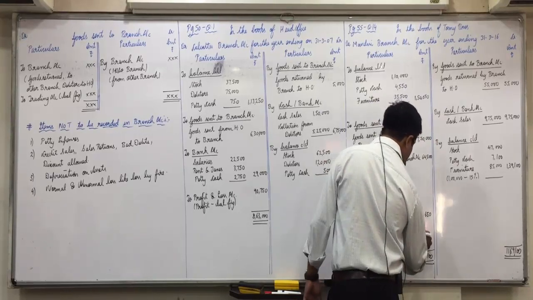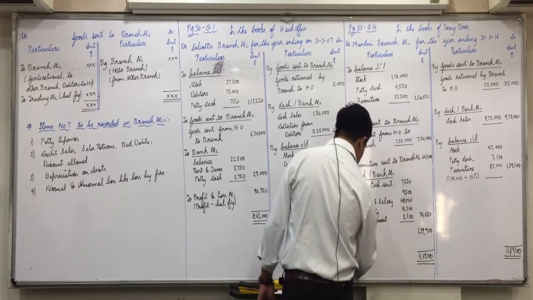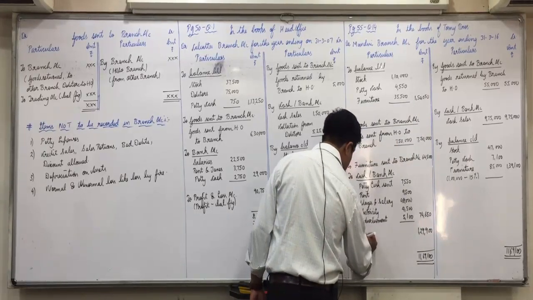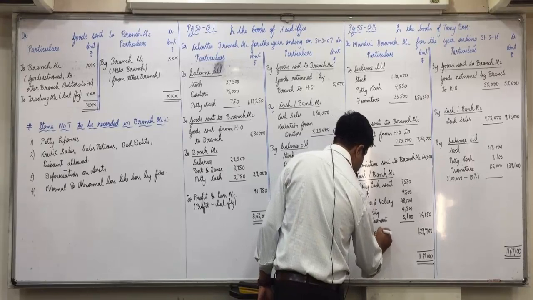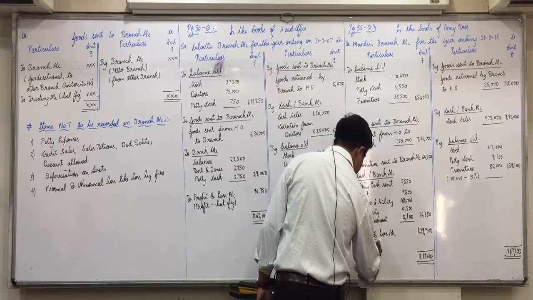How much remains? 1,299,000 to profit and loss account. In bracket, profit and balancing figure.